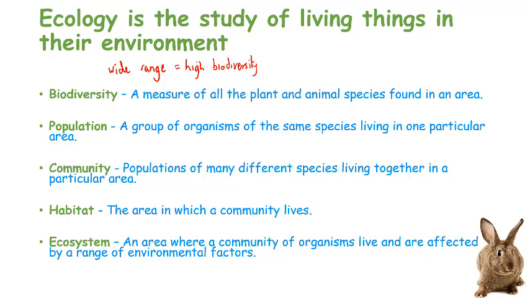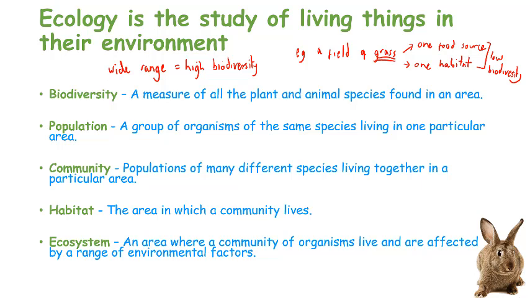Whereas if you have, for example, a field of just grass, because you've just got one type of plant, you're only going to have really one food source and one type of habitat.